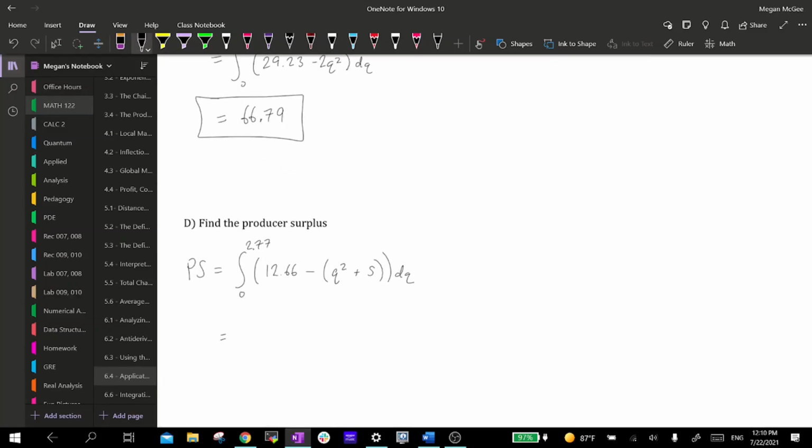If we clean this up inside, from 0 up to 2.77, we get the integral of 7.66 minus Q squared dQ, which will turn out to be 14.13. And that is our producer surplus.